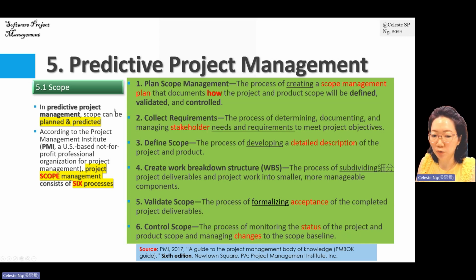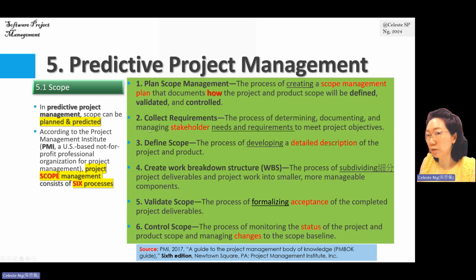This plan is a document, a guidance, which is also going to tell me how I'm going to validate the scope in the future and how I'm going to control the scope in the future. So in short, in this first process, what we are going to create is a scope management plan. Inside this plan is going to tell us how to define scope, how to validate, and how to control.